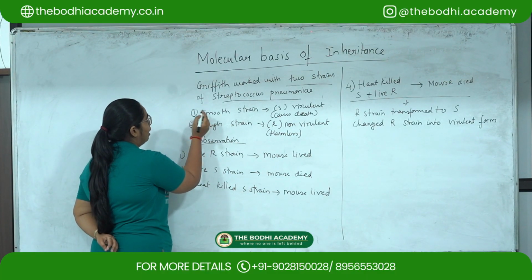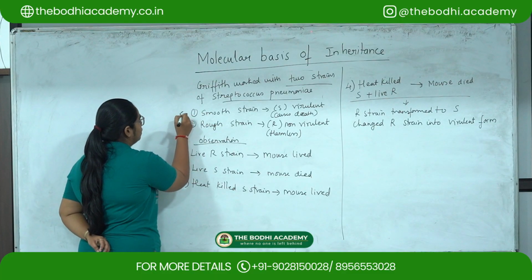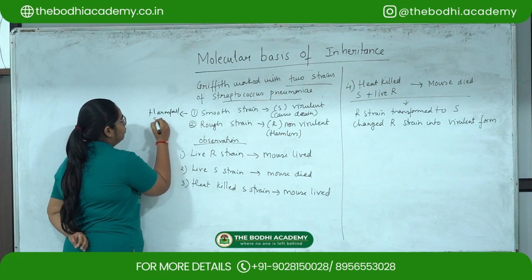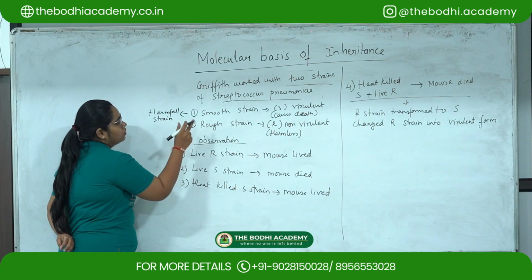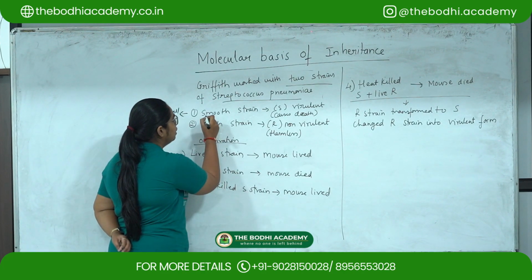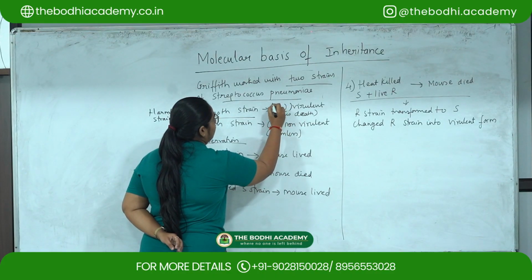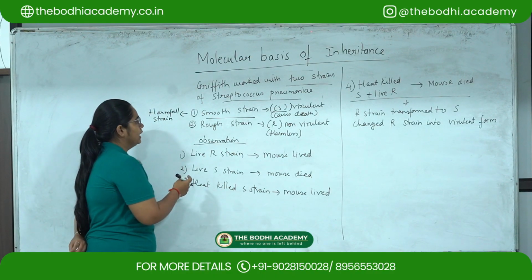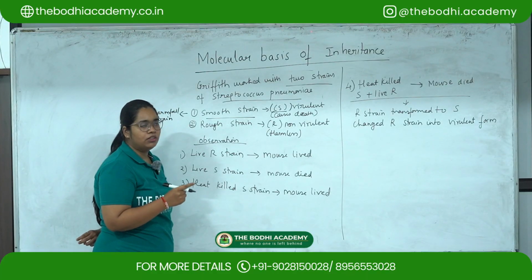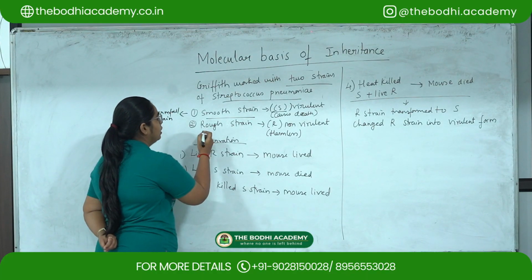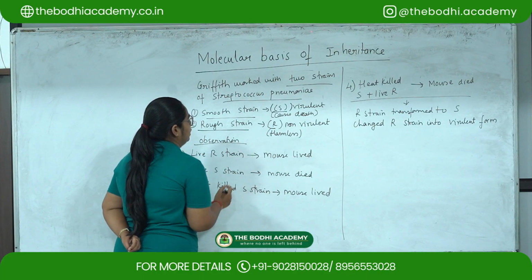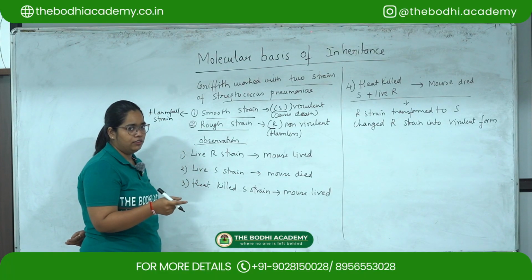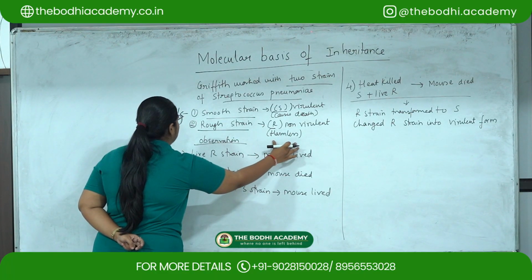So this was a harmful strain of Streptococcus pneumoniae, the smooth strain denoted as the S strain, or the virulent strain. Then the second strain which Griffith took was the rough strain or the R strain. The rough strain is denoted as the R strain, which is a non-virulent strain. So this is a harmless strain.